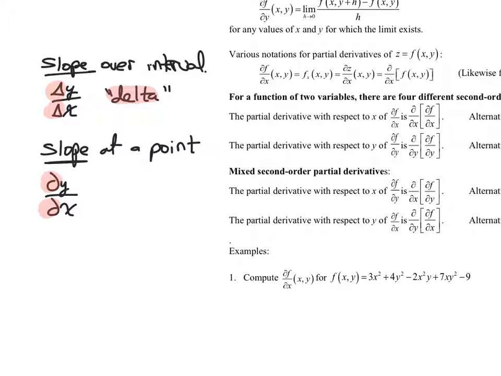The reality is, even in Calc 1, you are working with partial derivatives, because every single variable function can also be thought of as a multivariable function, but with one of the variables being held constant. So when you're taking the derivative of y in terms of x, you are taking the partial derivative of the function y in terms of x. It's just that you're holding the other variable constant.